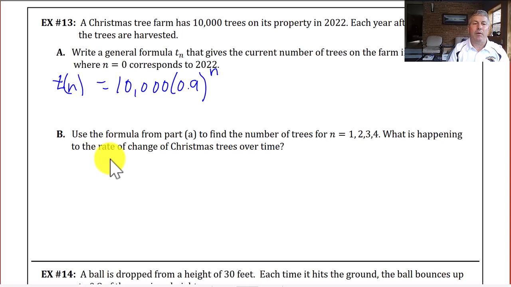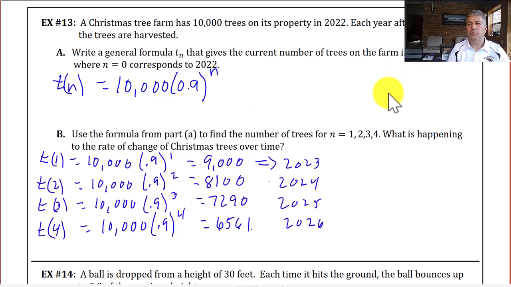What is happening to the rate of change of Christmas trees over time? So here I show the formula for each one. We're keeping 90% of the trees each subsequent year, and those are the values of the trees in each particular year.